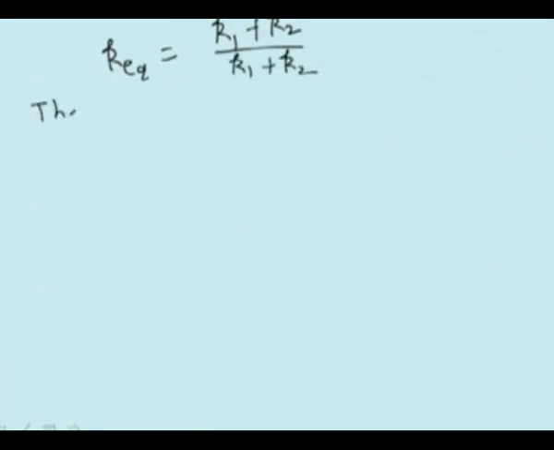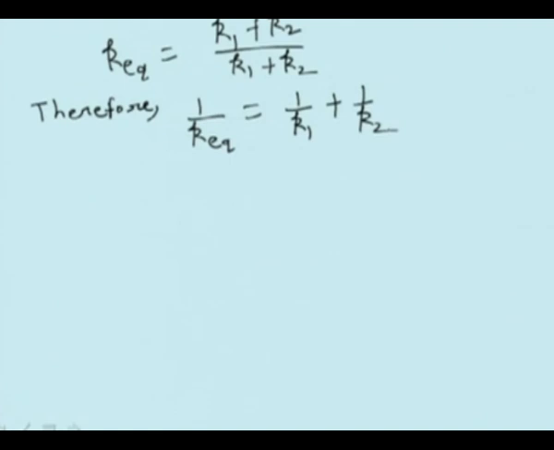Therefore one by K equivalent is equal to 1 by K1 plus 1 by K2. So when these springs are in series, then they are added in this fashion.